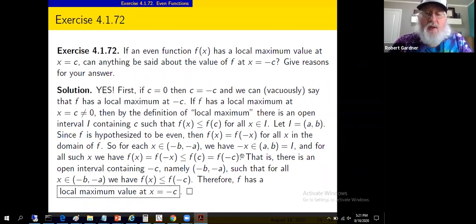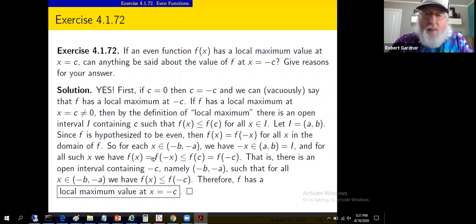So let's take that stuff and ignore big chunks of it. What we've shown is there's an open interval containing negative c, namely the interval negative b to negative a, right? If c is in the interval ab, negative c is in this interval. And when we choose values x from that interval, we have f of x is less than or equal to f of negative c.